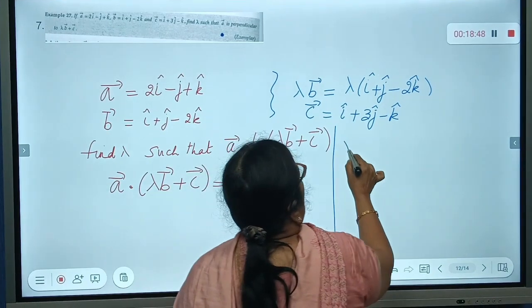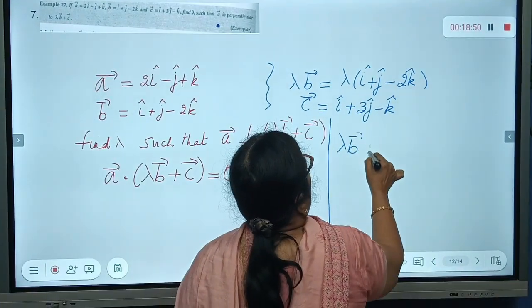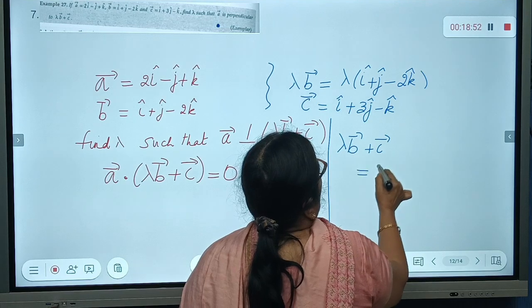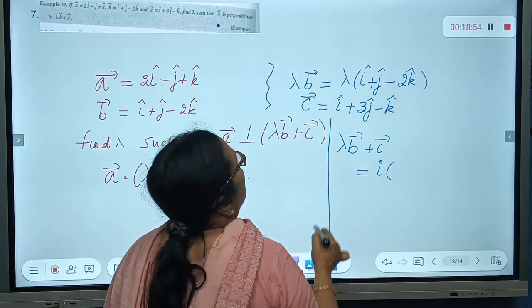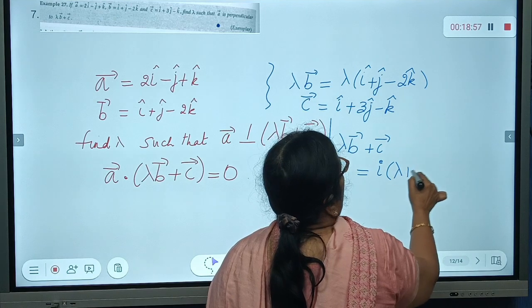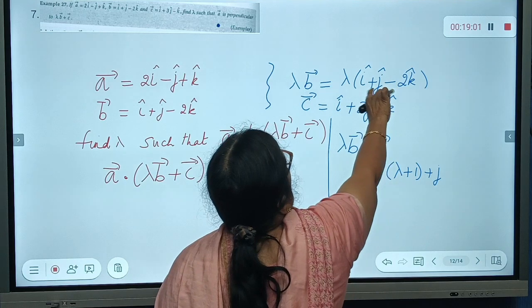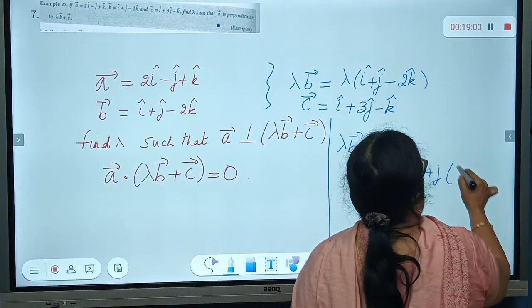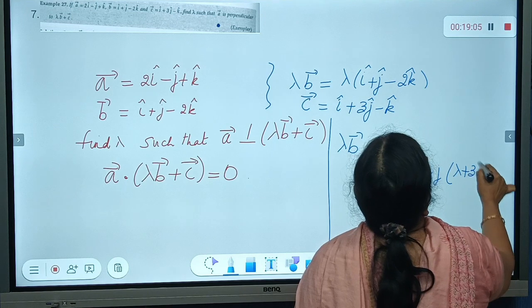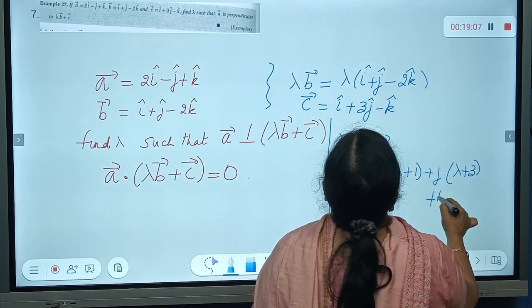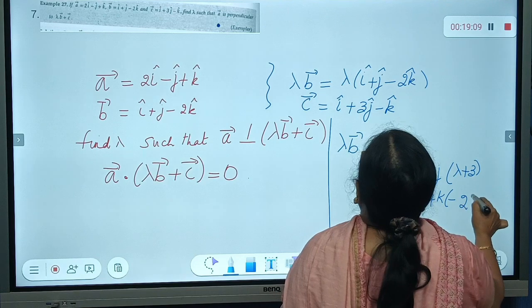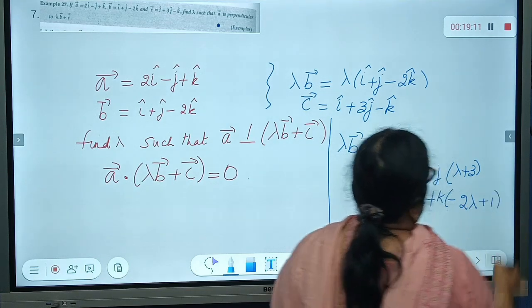Therefore, lambda b plus c will give you i into lambda plus 1, plus j into lambda plus 3, plus k into minus 2 lambda plus 1.